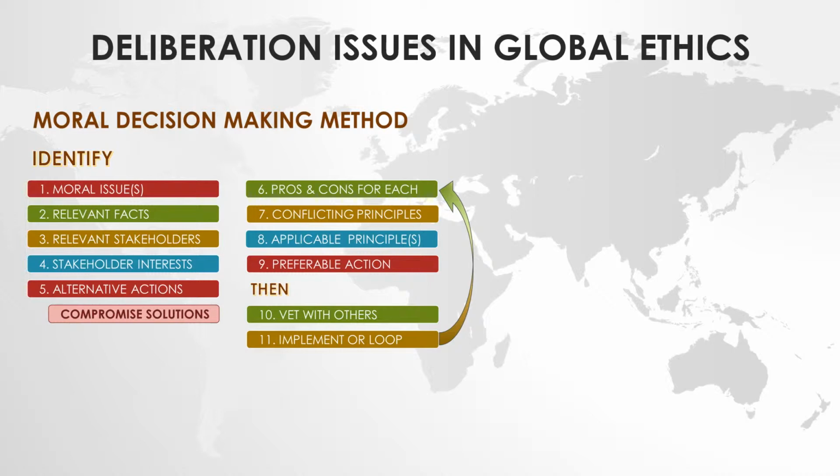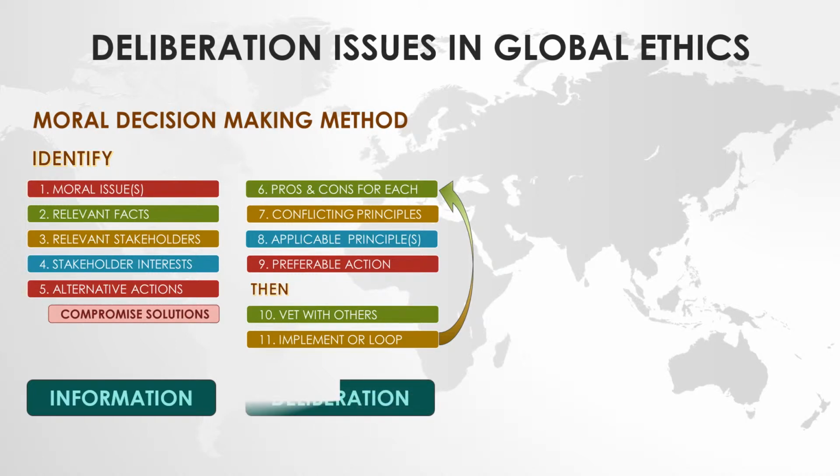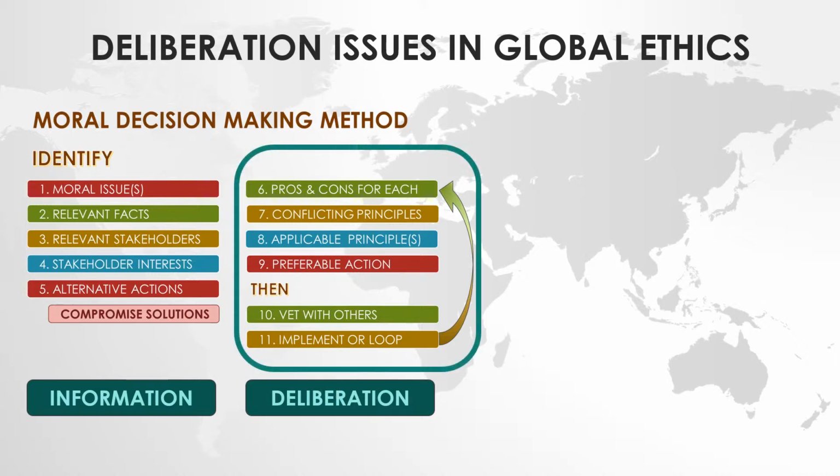Steps 1 through 5, including the identification of compromise solutions, we called the information gathering phase of the method. At step 6, however, we begin the deliberation phase of the method, and it is here that the real work begins. It is in the deliberation phase that the global nature of global organizational ethics shows its face.